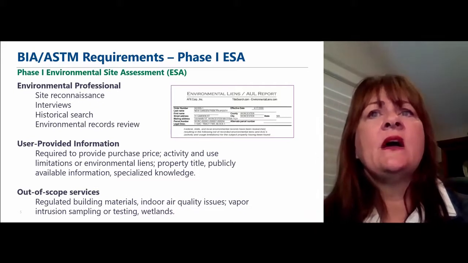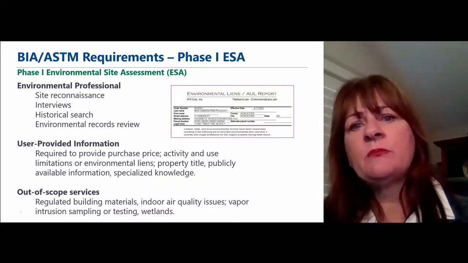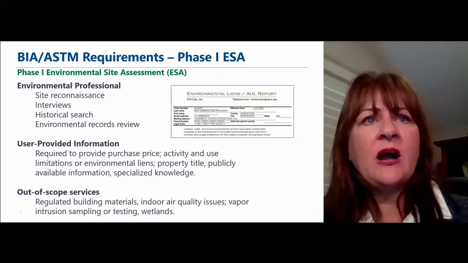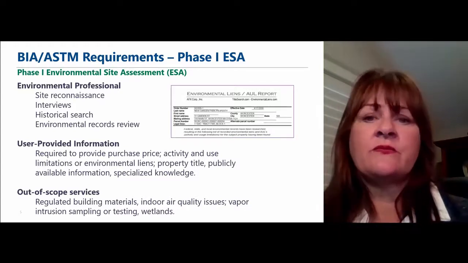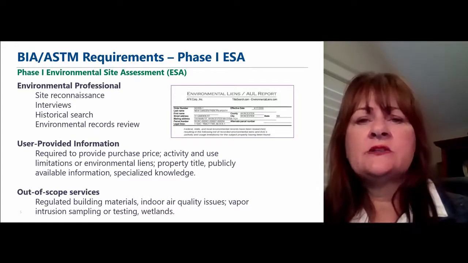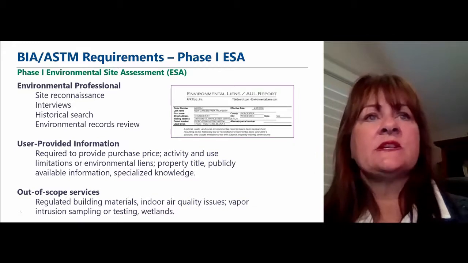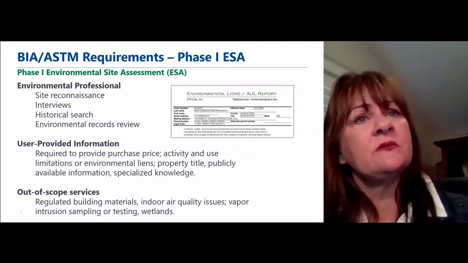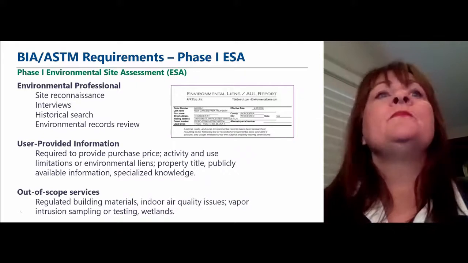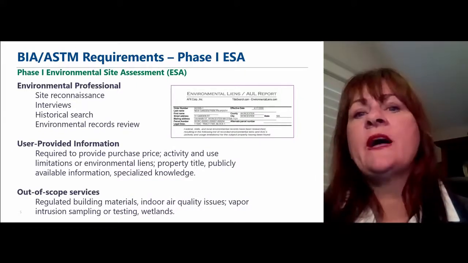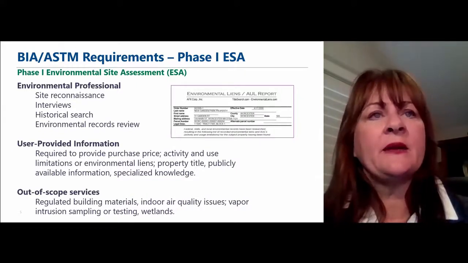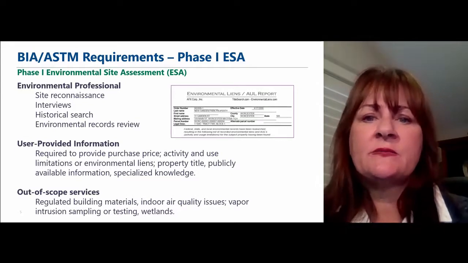An environmental professional, someone like me, would come out to the property and conduct a site reconnaissance and review the property to look for evidence of environmental conditions. We would conduct interviews with people that are familiar with the property to further evaluate what may have occurred at that property. Then we would conduct some historical research.